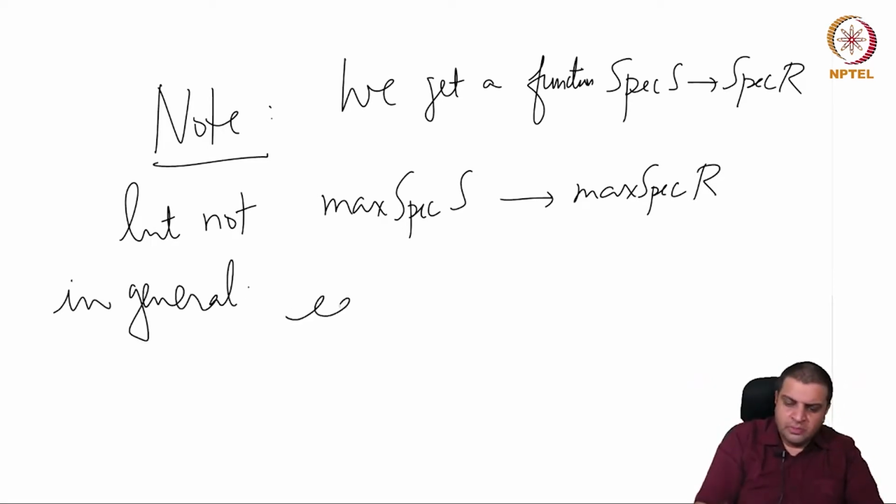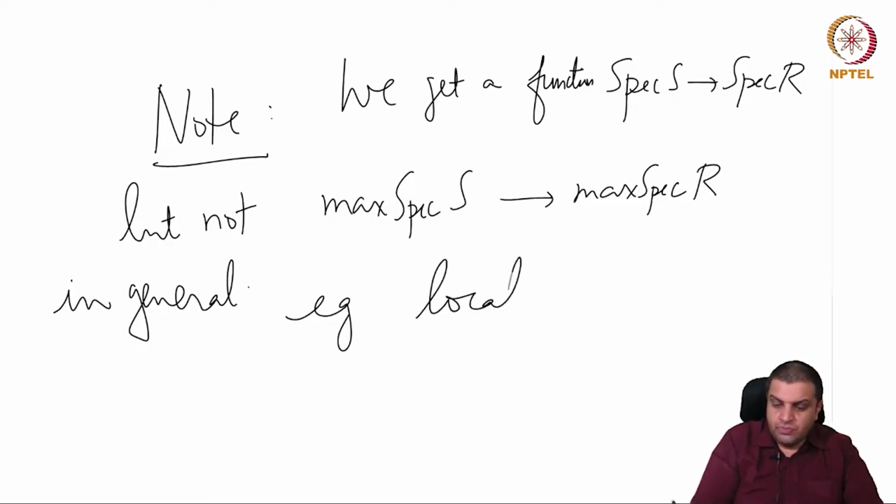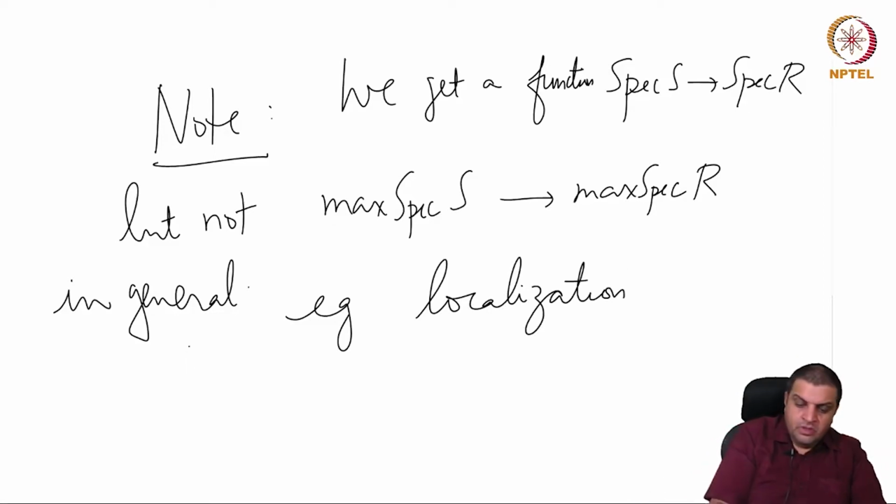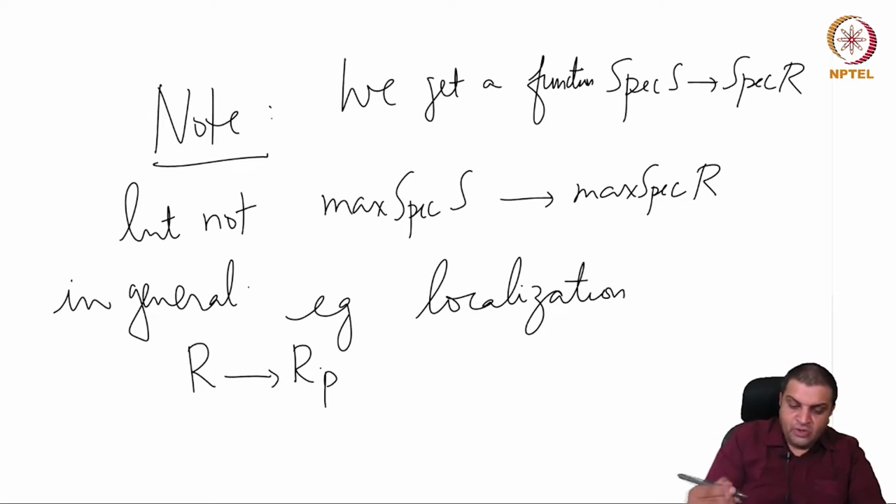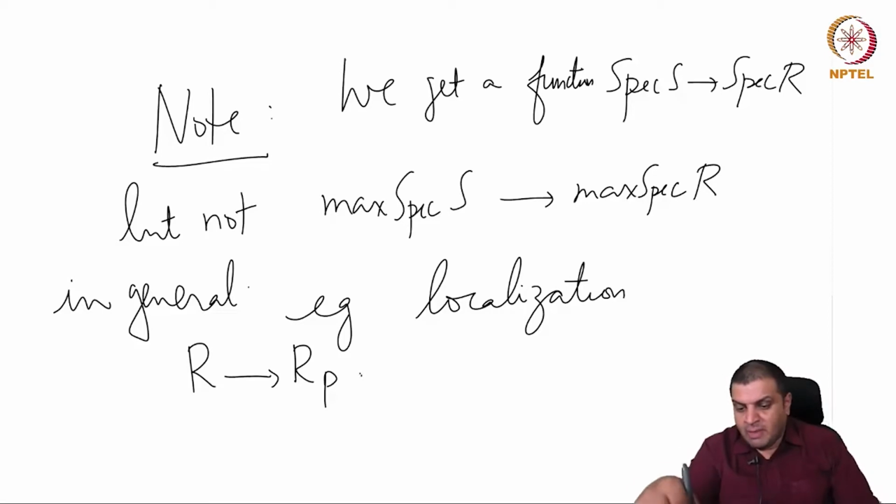For example, think about localization. If you take the map R to R localized at P, and P is not a maximal ideal, the image of P inside here would be a maximal ideal, but its inverse image is not a maximal ideal. So in general, we do not get a map from MaxSpec to MaxSpec.